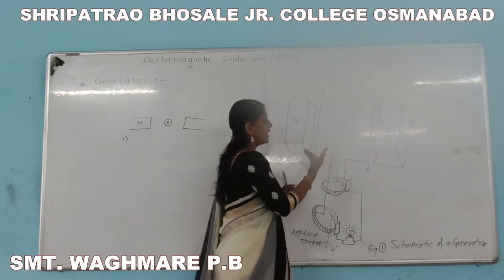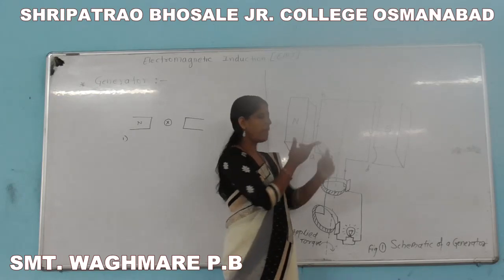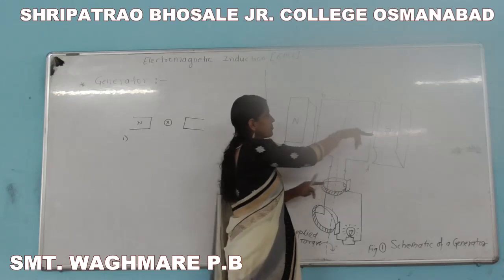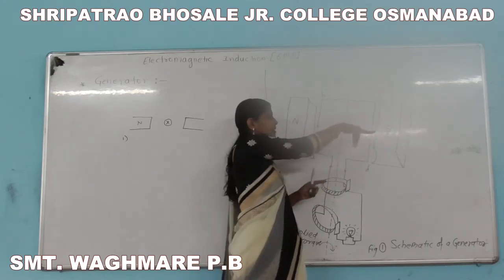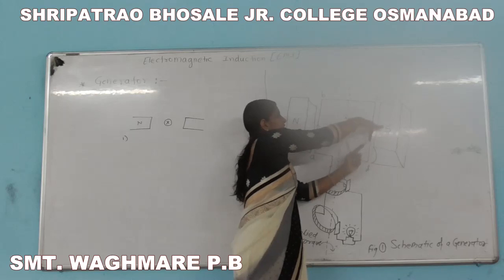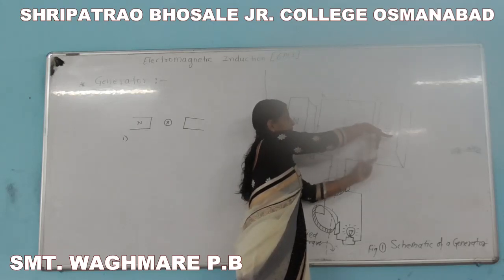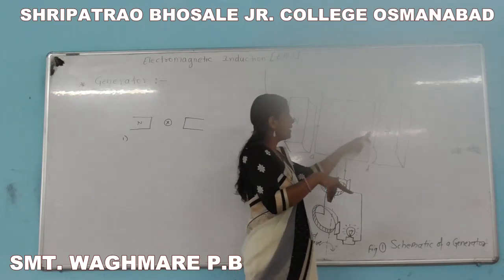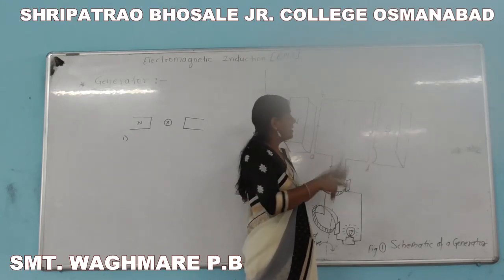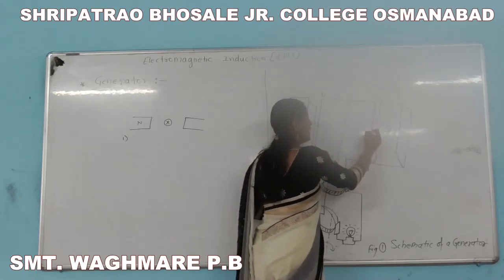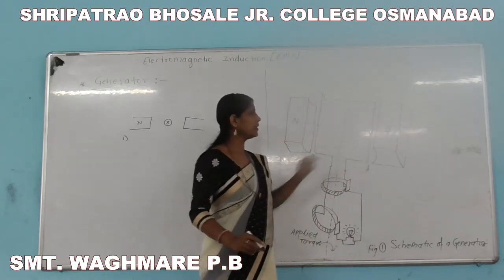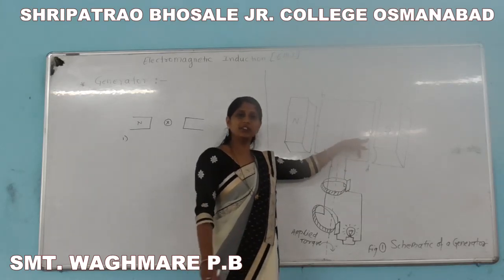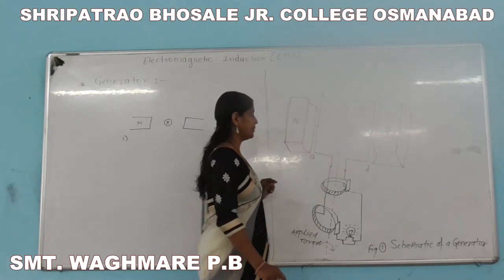Here this is the direction of the magnetic field, and the direction of force is downward. Therefore, the middle finger points in the outward direction to the plane of paper, and therefore the current will be C to D on this side CD. The EMF and current induced in the coil will be like this.